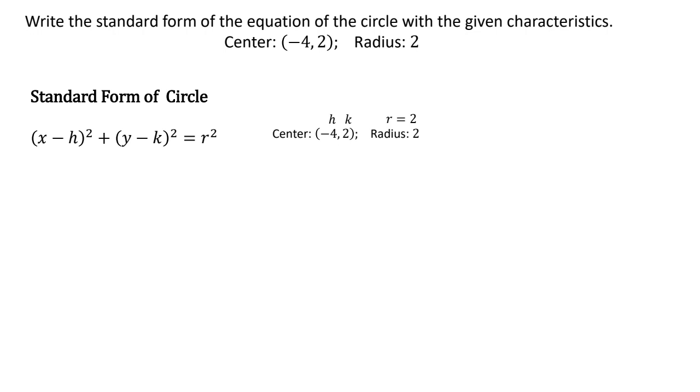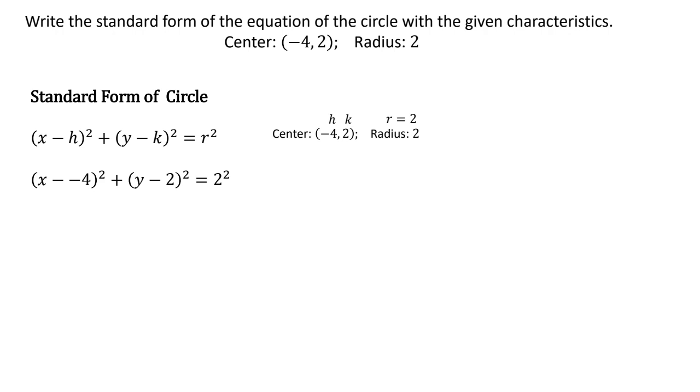So they're giving us what we need in order to get the equation. Here they said that the center is at -4, 2, so my h is -4, my k is 2, and my radius is 2 in this problem. So all I have to do is plug them in. Once I plug these in, I'm going to simplify.